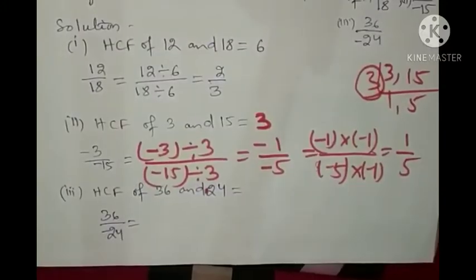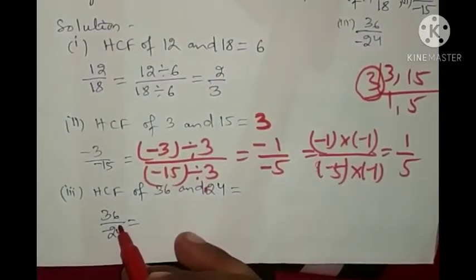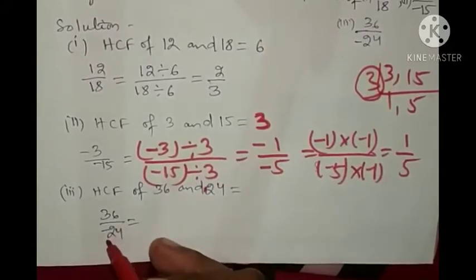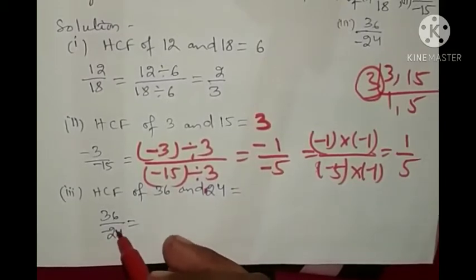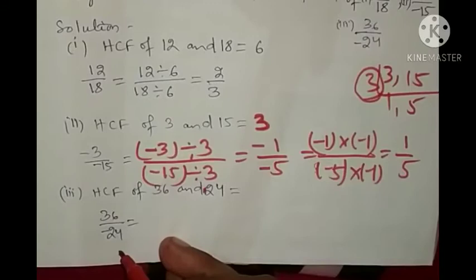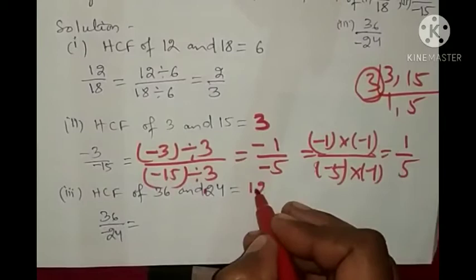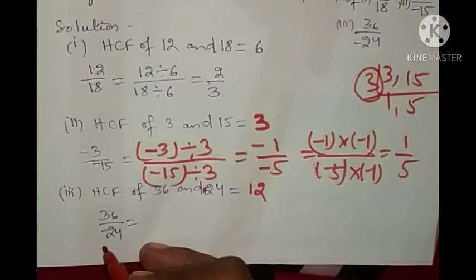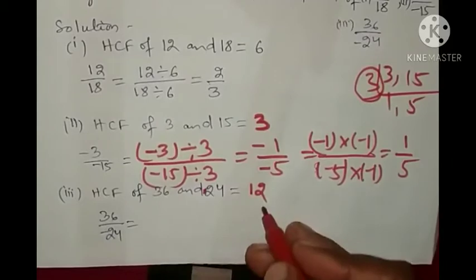Okay. Next you find the standard form of 36 by minus 24. So here minus 24 is given. Okay, so what will you do? First you find the HCF of 36 and 24. The HCF of 36 and 24 is 12. If there is a negative sign in the denominator, we have to divide by minus HCF.